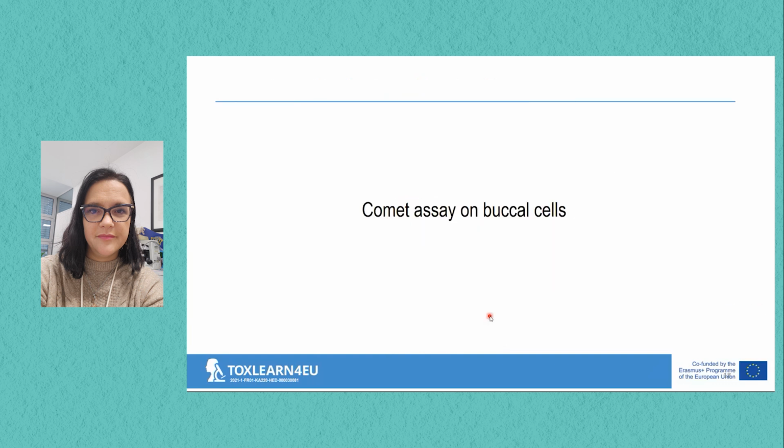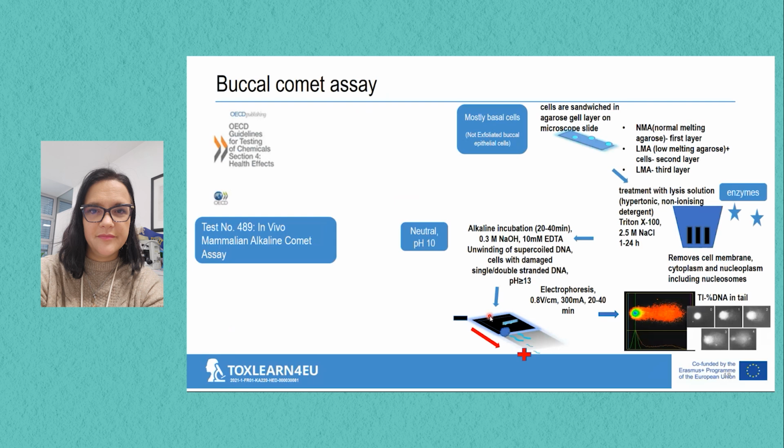Now let's talk a little bit about the Comet assay in buccal cells. This technique is not as old as the buccal micronucleus assay. It has been developed from the in vivo mammalian alkaline Comet assay that has the OECD guideline 489, but in vitro it is still not validated.